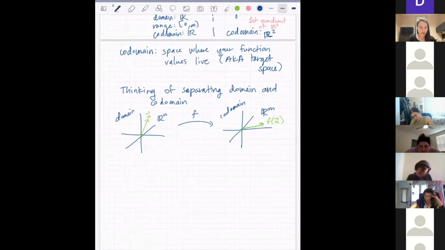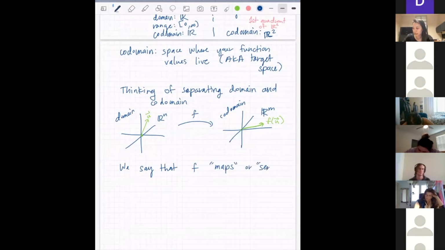So in this case, we can say that f maps or sends that vector u to f of u, and this is what we would refer to as the image of that vector u.